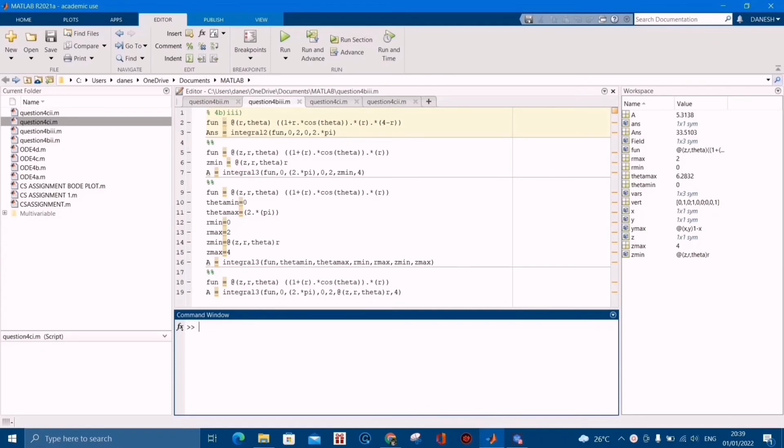Next will be question 4b3. In this question, we must use Gauss's theorem to evaluate the flux of the vector field across the surfaces.